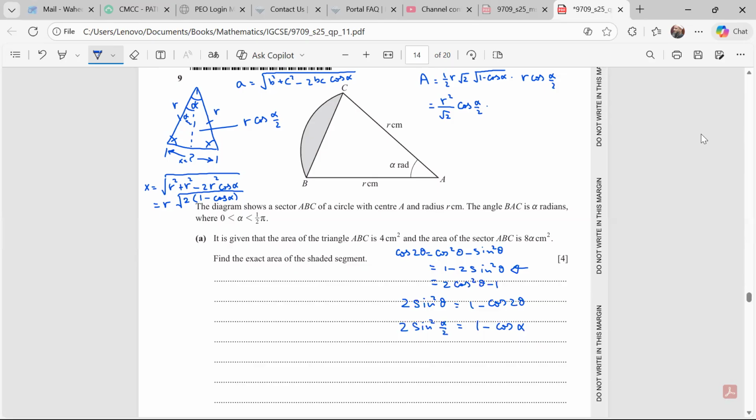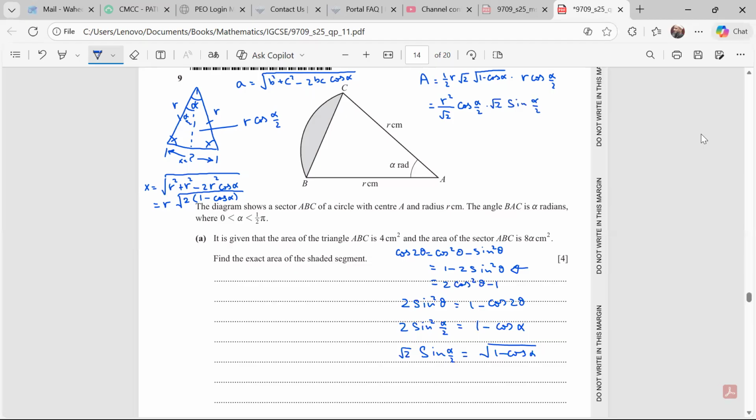And if I take square root on both sides, so under the root 1 minus cos alpha would be equal to under root 2 and sine alpha by 2. So for this I can write under the root 2 and sine alpha by 2.